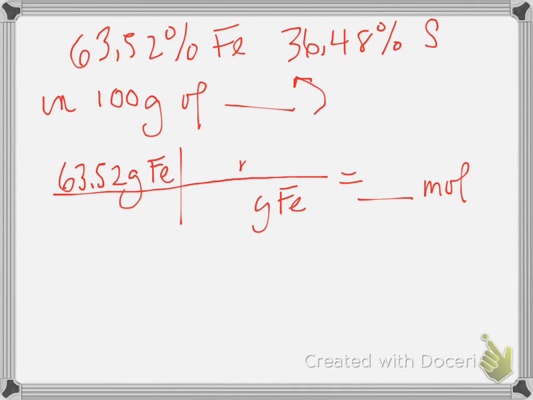Moles of iron. Yep. And what number goes in front of moles unless it's a given? 1. The number in front of moles shall be 1, it shall not be 0, it shall not be 2, it shall not be 6.022 times 10 to the 23rd. Okay, where do we find the number to fill in for grams? Periodic table, molar mass. What's your raw answer for the number of moles you get?